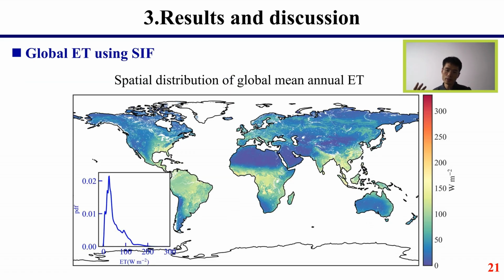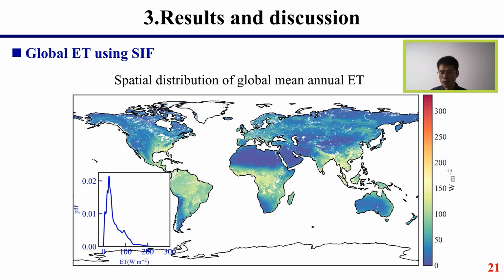After we get these parameters, we can push the whole model to the global scale because we have all the global meteorological forcings, precipitation, and also vegetation. So we just evaluate the global scale evapotranspiration. This map presents the spatial distribution of global mean annual evapotranspiration.